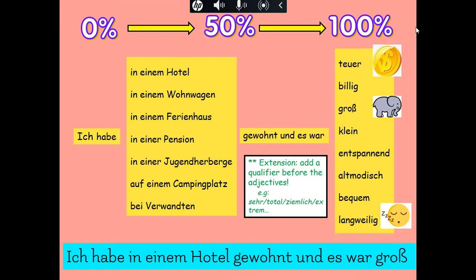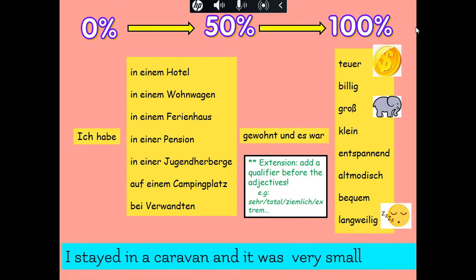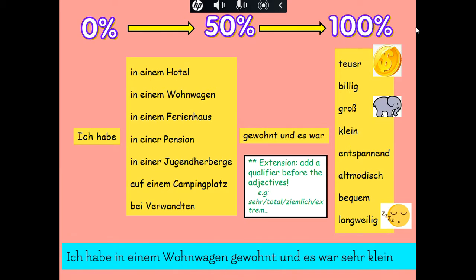Okay, next one, write this down in German. I stayed in a caravan and it was very small. And you should have written down, ich habe in einem Wohnwagen gewohnt und es war sehr klein.